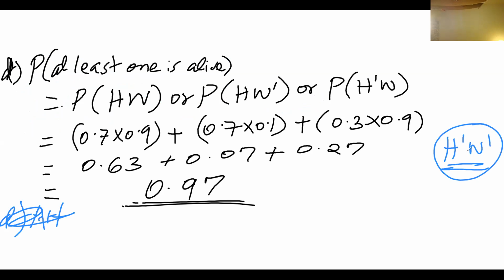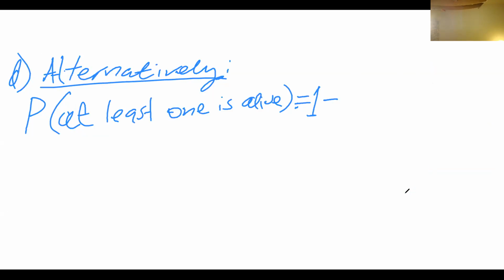So the same thing, you can either solve it like this, or the shortest method is like this. The probability that at least one is alive is 1 minus the probability of both dead.